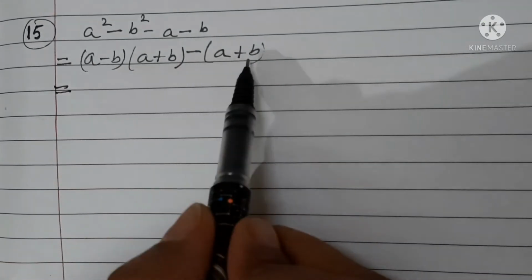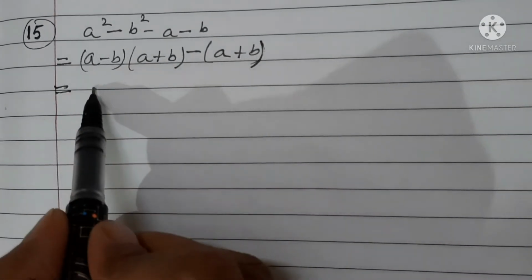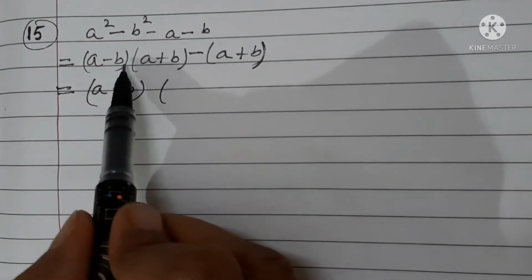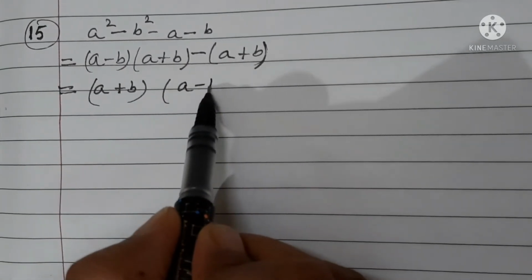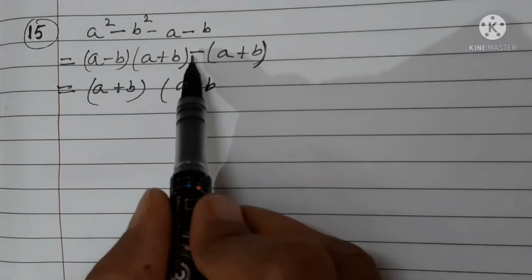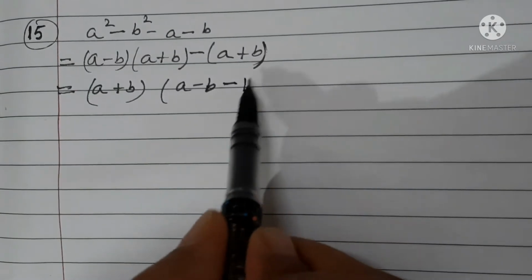Now here a plus b is a common factor, so taking out a plus b, and in the bracket a minus b, this we have taken common, and minus 1. Answer.